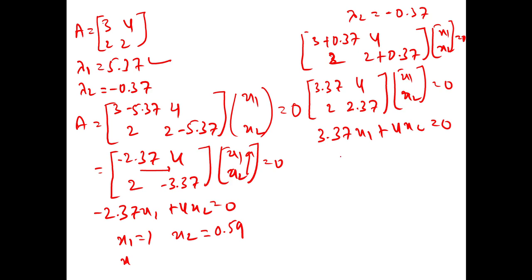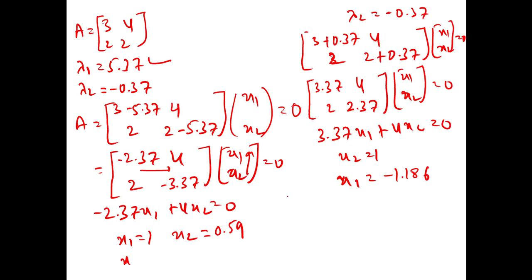So here we need to consider x2 as 1. If you consider x2 as 1, then the x1 value will be minus 4 by 3.37, which is minus 1.186, right?